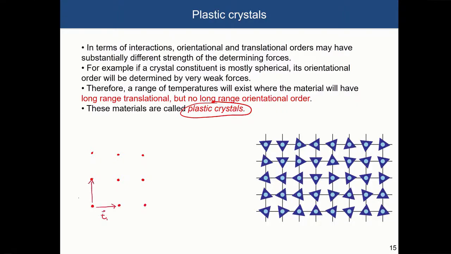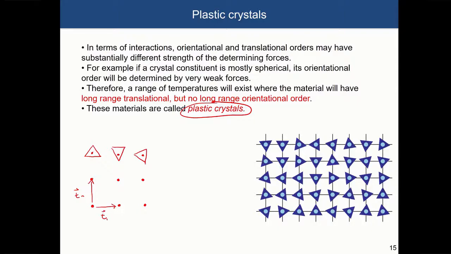What that means is that if I have a molecule that has a certain shape, and it has a certain orientation at one lattice point, the neighboring lattice point can have a completely different orientation. So when you construct this material, it will have this type of arrangement. Again, the position of the molecules or the motifs will be precisely defined by the basis vectors, but their orientation won't be.